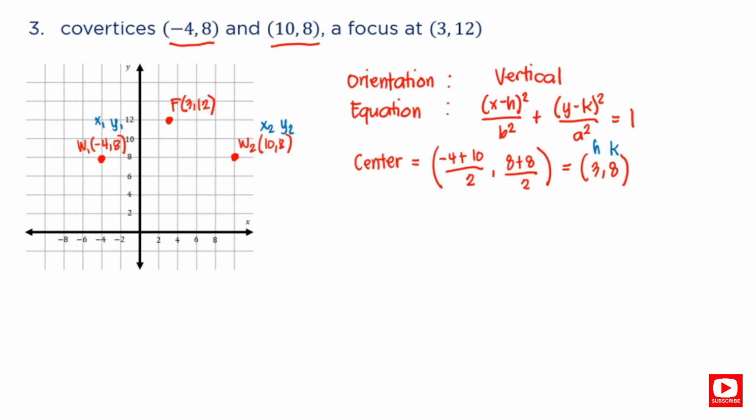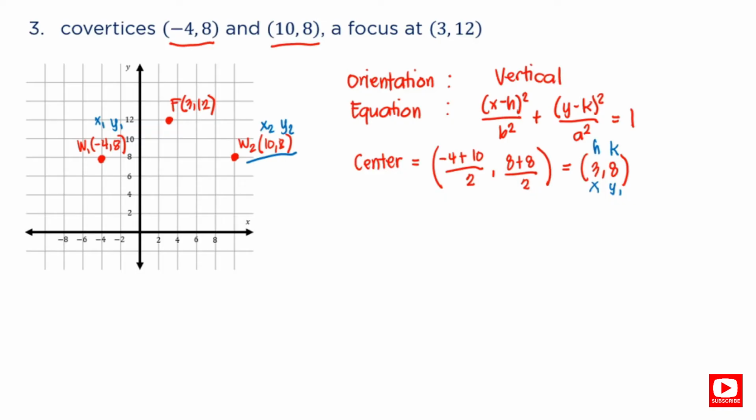In this case, we cannot get the value of a pa. So we will first find the value of b, that is the distance from the center to one of the co-vertices. So suppose I will just take this 10, 8 here. So this is x sub 2, y sub 2, and this is x sub 1, y sub 1.